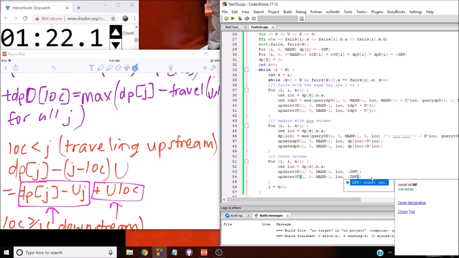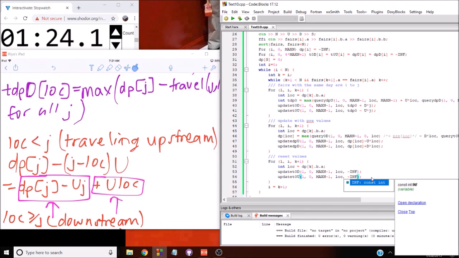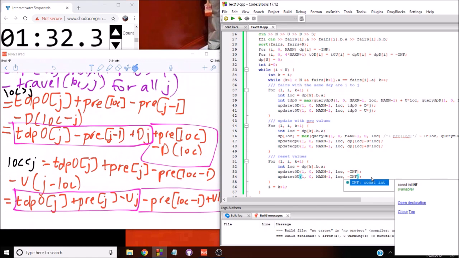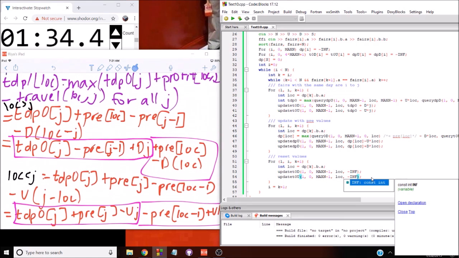Actually, TDP comes from... okay, TDP is used for DP1. Does it matter if I unupdate them?